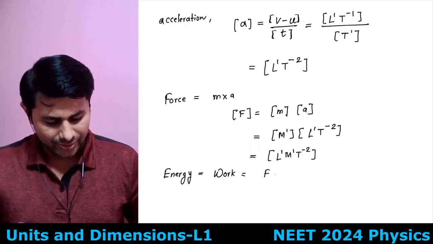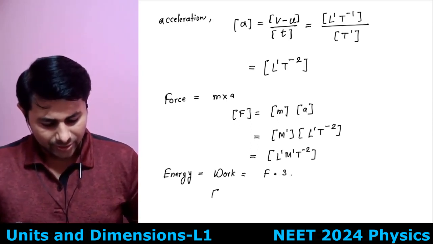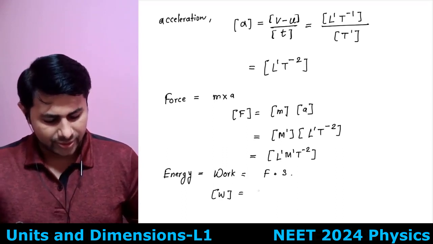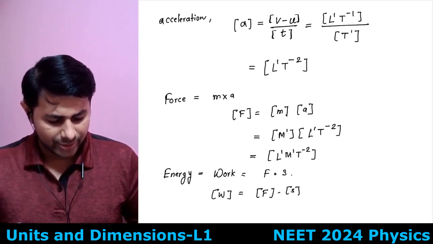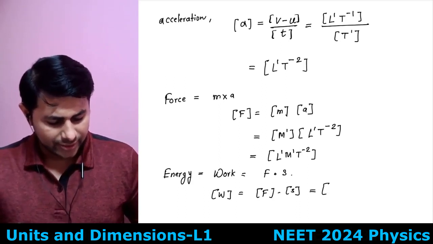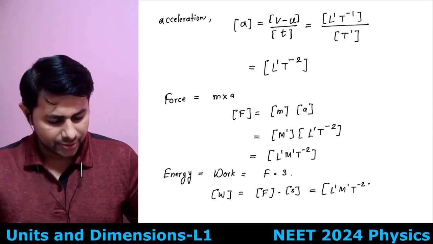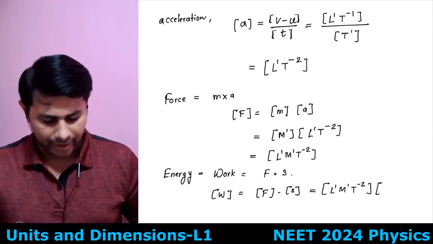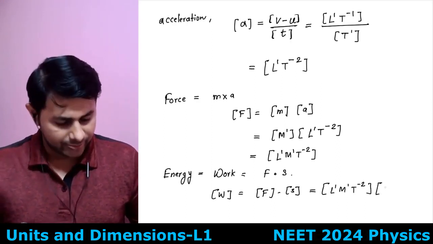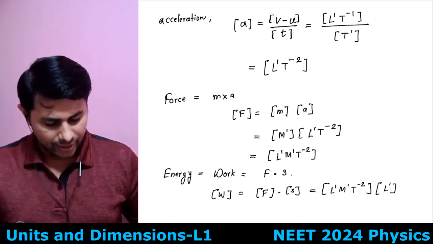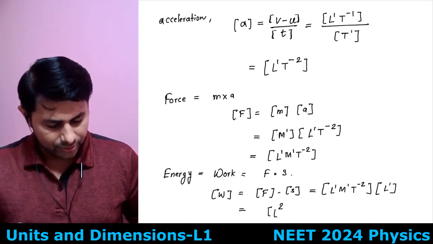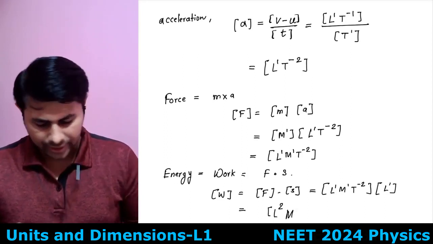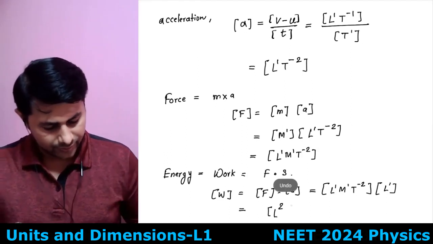So the dimensions of work are equal to the dimensions of force multiplied by the dimensions of displacement. That is L1 M1 t raised to minus 2 multiplied by the dimensions of displacement, L raised to 1. So the dimensions of work are L2 M1 t raised to minus 2, right?